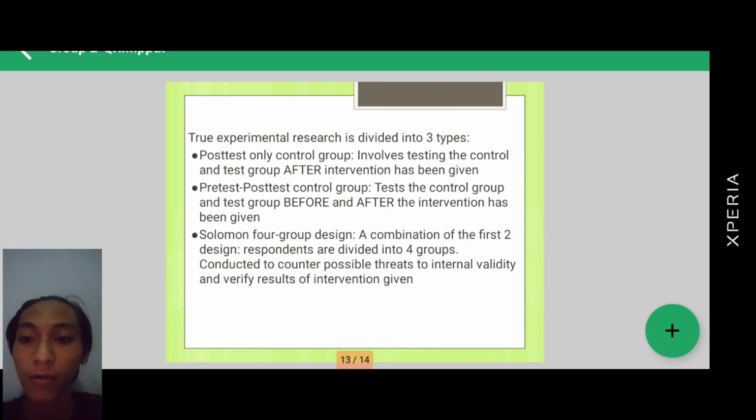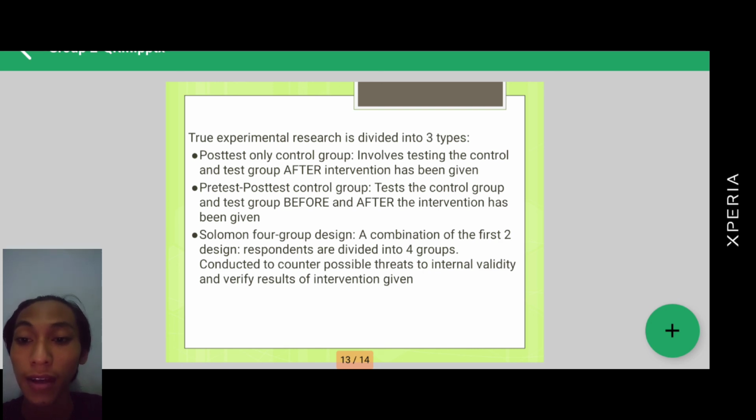True experimental research is divided into three types. Post-test only control group involves testing the control and test group after the intervention has been given. Pretest post-test control group tests the control group and test group before and after the intervention has been given.